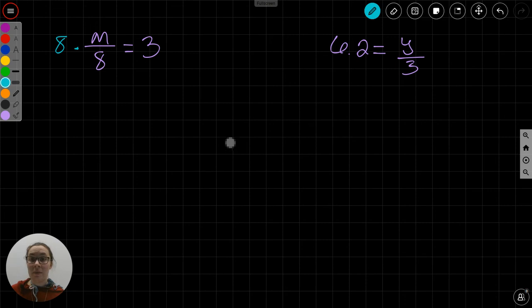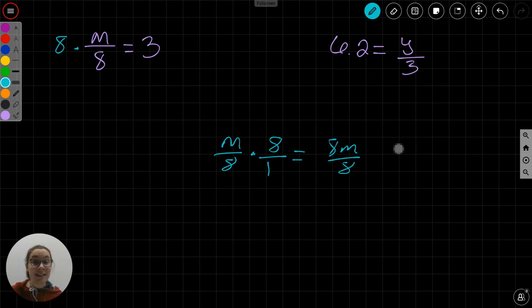m over 8 times 8 over 1, because essentially what we're doing, we're multiplying by whole number 8. This gets me 8m over 8. And now I have 8 times 8m over 8.